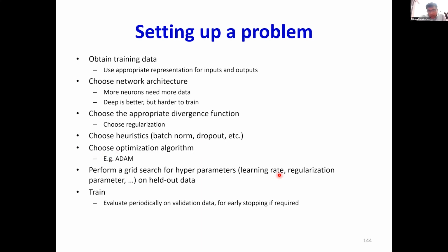Perform a grid search over hyperparameters, which includes learning rate, regularization parameters, and so on. Often on held out data, but in many cases, you don't have the luxury of having some held out data. You're just going to test it on some large set that you will call your test set. Yeah, I suppose that is validation data. And then train and evaluate periodically on validation data, with early stopping.